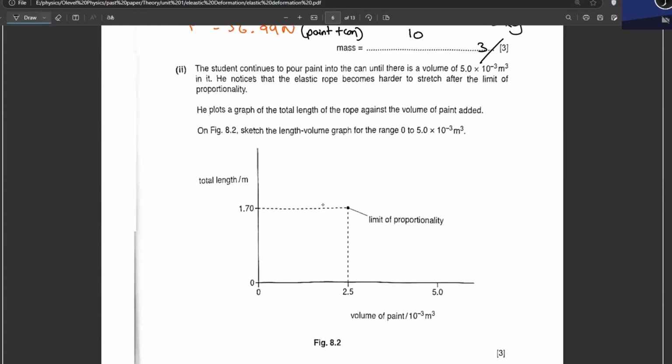Let's move ahead. The student continues to pour paint into the can until there is a volume of this. Okay, it has already exceeded the limit of proportionality. He notices that the elastic rope becomes harder to stretch. That's a strange thing after the limit of proportionality. He plots a graph of the total length of the rope against the volume of paint added.